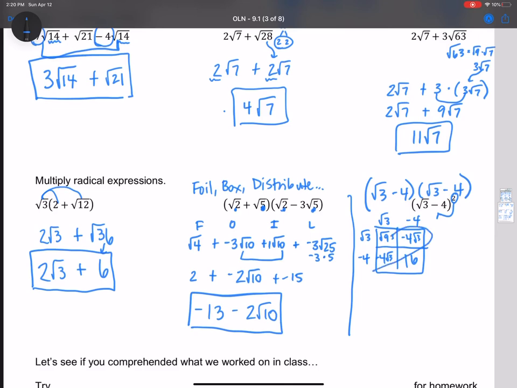These ones are like terms. And then these ended up being like terms because remember that was a 3. All right, so 16 plus 3 is 19. -4 square root 3 plus -4 square root 3 is -8 square root 3 because we don't change what's underneath. And that is all.